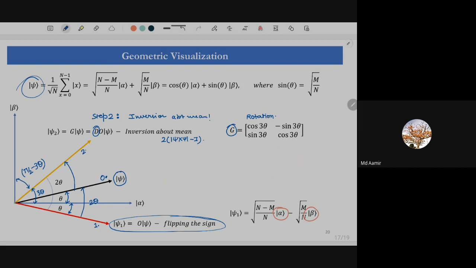So here after first iteration, we have 3 theta, so psi prime is g psi.